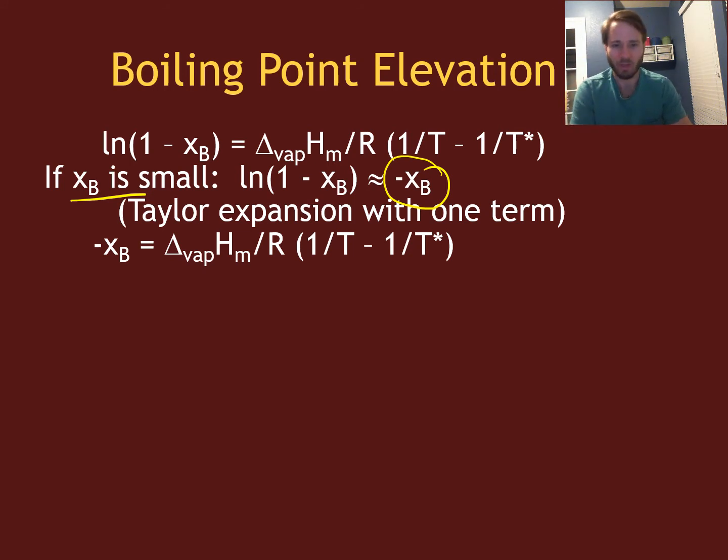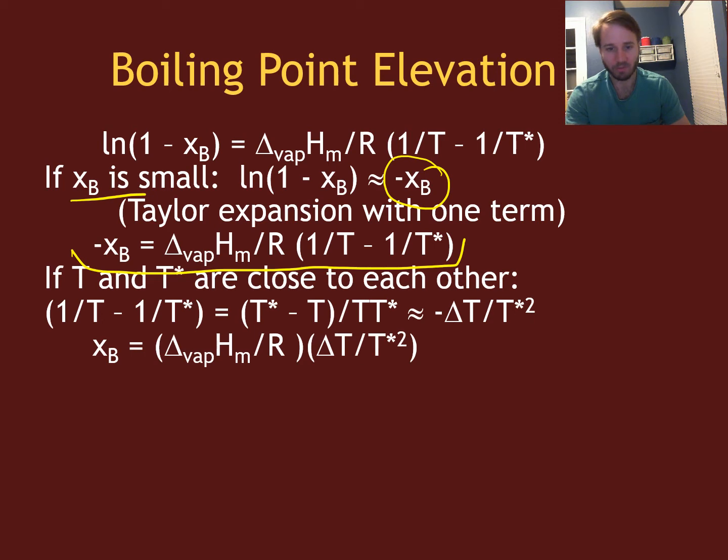So ln of 1 minus x is roughly equal to negative x for very small values of x, okay? So plugging that in here gives us negative mole fraction of the solute is related with the enthalpy of vaporization of the solvent divided by R times this inverse change in boiling temperatures.